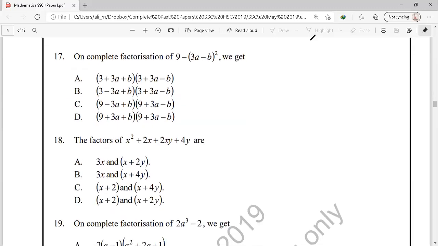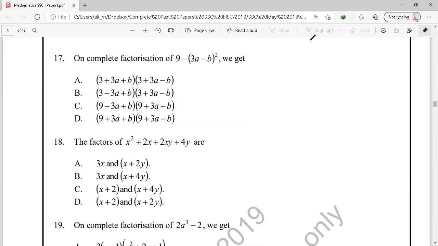So let's see question number 17. In question number 17, we have to factorize this expression. This is an expression in the form of a difference of squares: 9 minus (3a minus b) whole square. So let us factorize this expression using the formula of difference of squares. 9 will become 3 square, and (3a minus b) whole square.